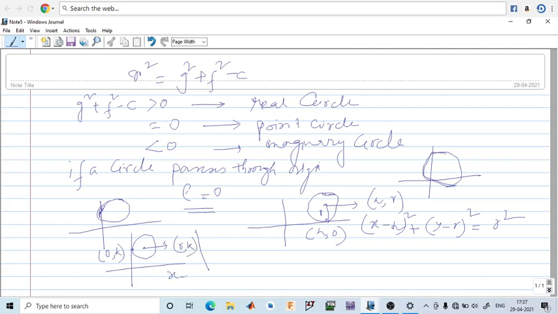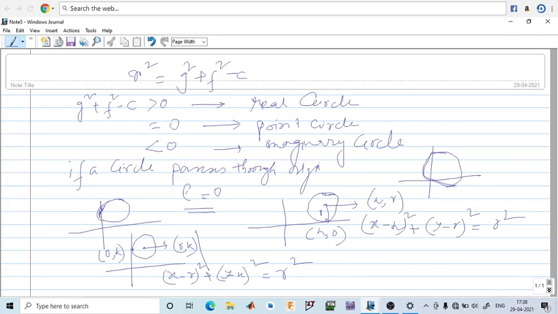Then we can write the equation like this. Clear? The first one is the circle touching the x-axis, and the second one is the circle that touches the y-axis.